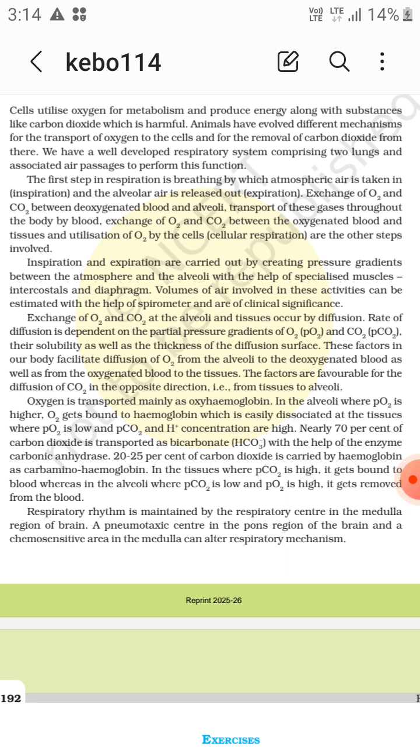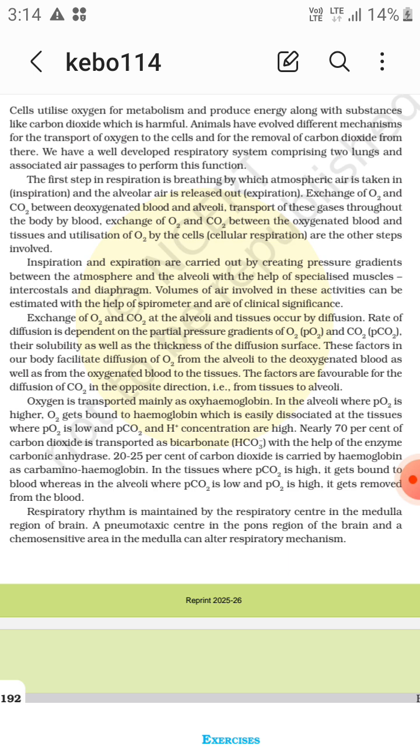In the tissues where the partial pressure of CO2 is high, it gets bound to blood, whereas in alveoli where PCO2 is low and PO2 is high, it gets removed from the blood.